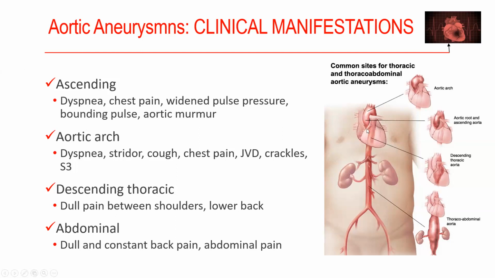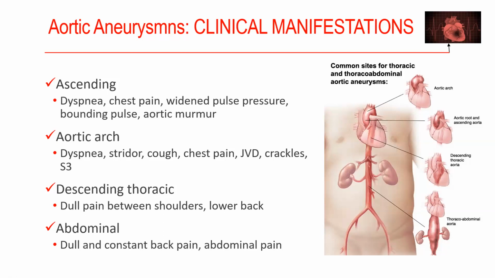So an ascending aortic aneurysm is going to interrupt coronary perfusion. That's one of our biggest concerns about an ascending aneurysm. In the aortic arch, it could actually interrupt cerebral blood flow. Okay, so we're very concerned about that. And then as it descends, the organs that are distal to that are going to be affected. And that, of course, is quite important.